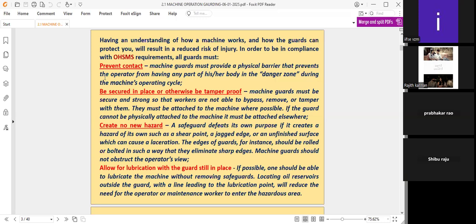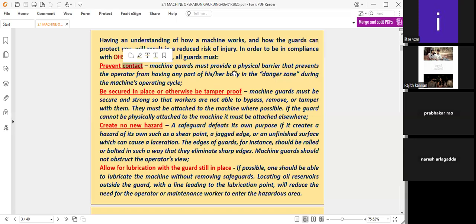Once the guard is there, it prevents contact. So machine guards must provide a physical barrier that prevents the operator from having any part of his or her body in the danger zone during the machine operating cycle.